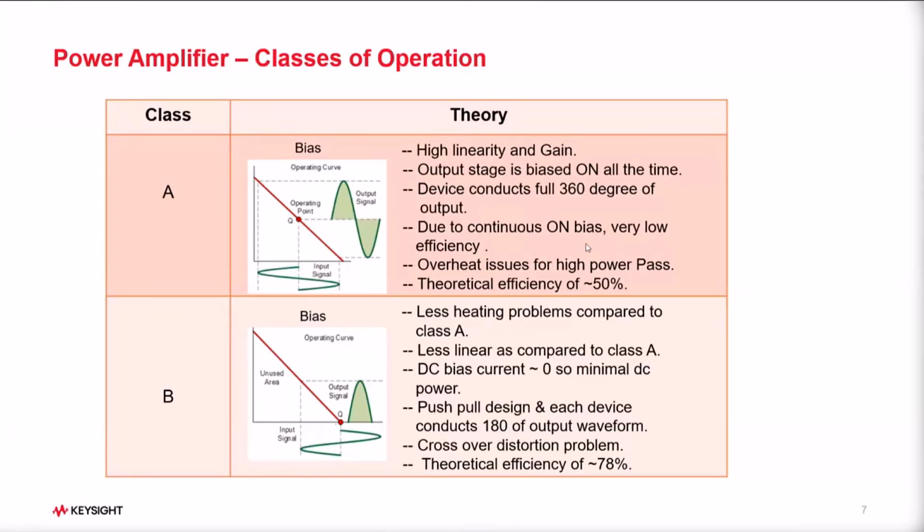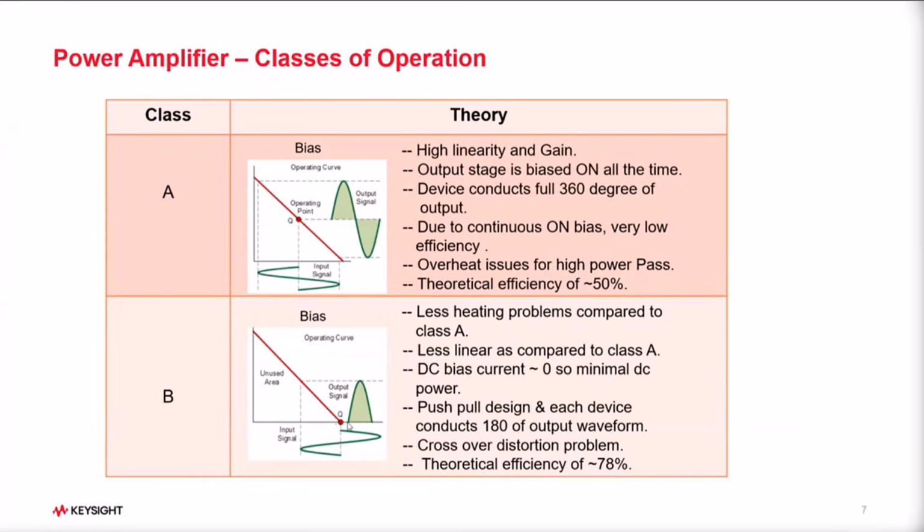So you get very low efficiency due to that, because you are burning DC power for the entire duration. And then you get overheating issues because you are consuming power for the entire cycle compared to what you are producing in RF output. Theoretically, you can reach an efficiency of around 50%, but in reality, it's never more than 20-25%. That's the theoretical limit of 50%.